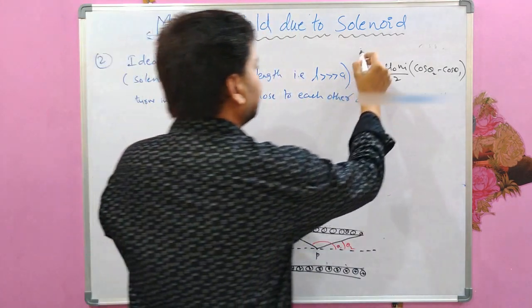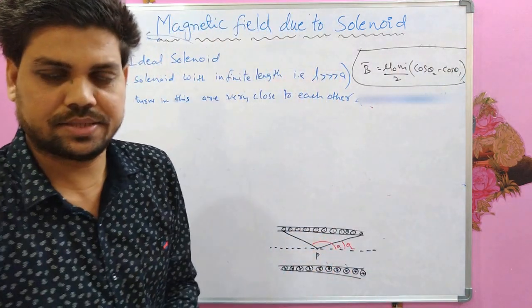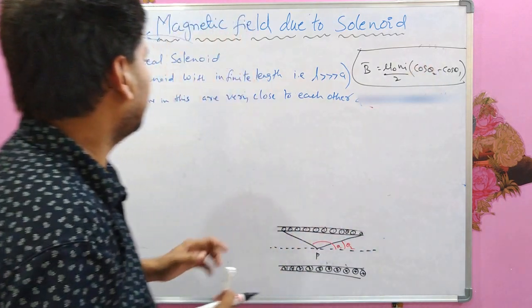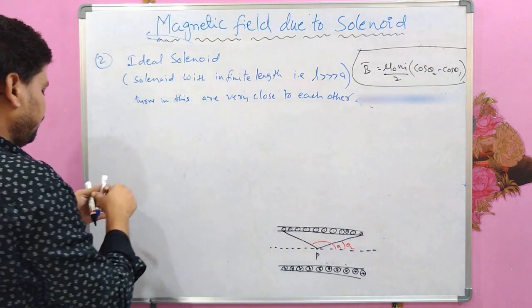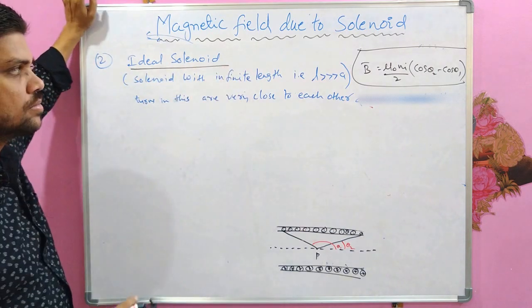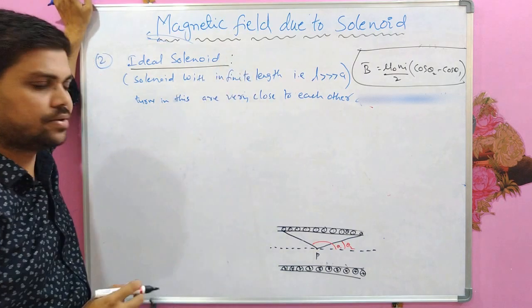Okay, so this is the formula for the magnetic field with finite length. So we use that formula for finding the magnetic field due to an infinite length solenoid. This is called an ideal solenoid.